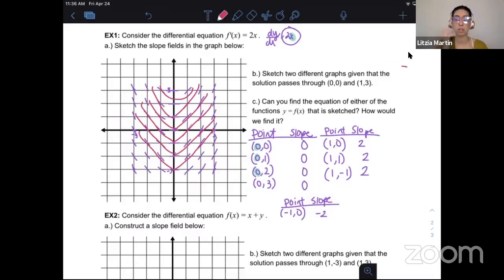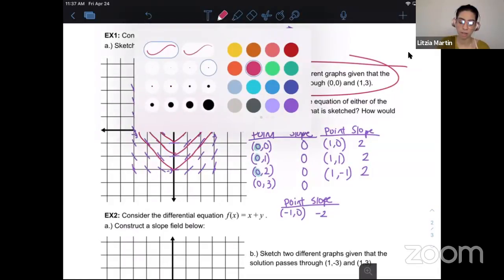Back to the problem. Sketch two different graphs given that the solution passes through the point 0, 0. Actually, I've drawn it in here. I'm going to do it in a different color now. Let's do it in pink.